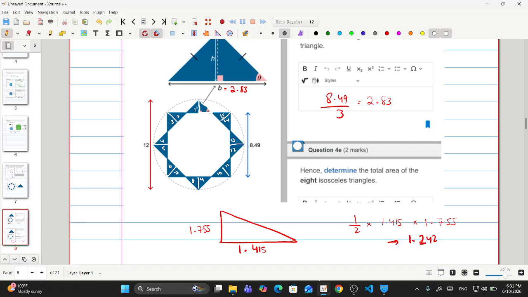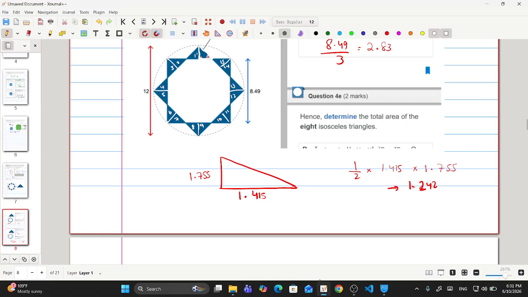This was basically the first one. There are 15 others. So what do we do? We just multiply this by the total number of 16, right? Because there were a total of 16 half right-angled triangles.